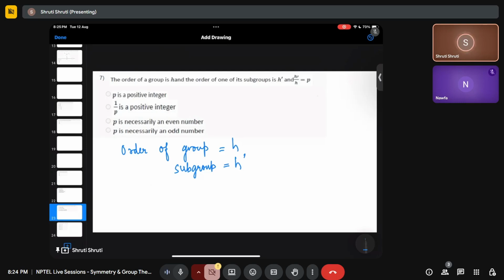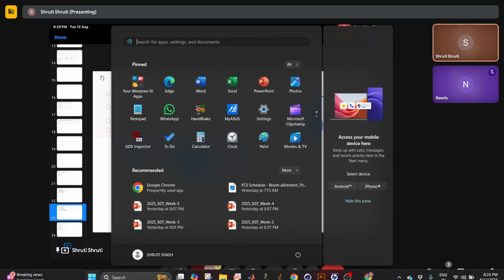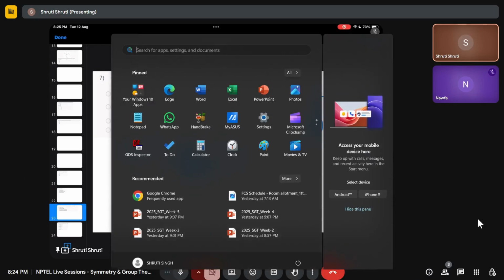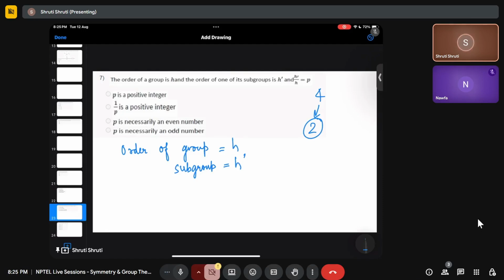Suppose you have a group of order 4, then you can have a subgroup of order 2 inside it. So H dash by H means 2 by 4, like that.